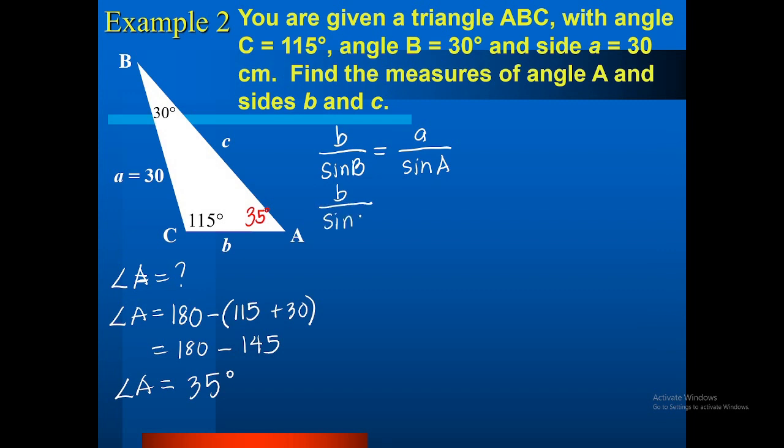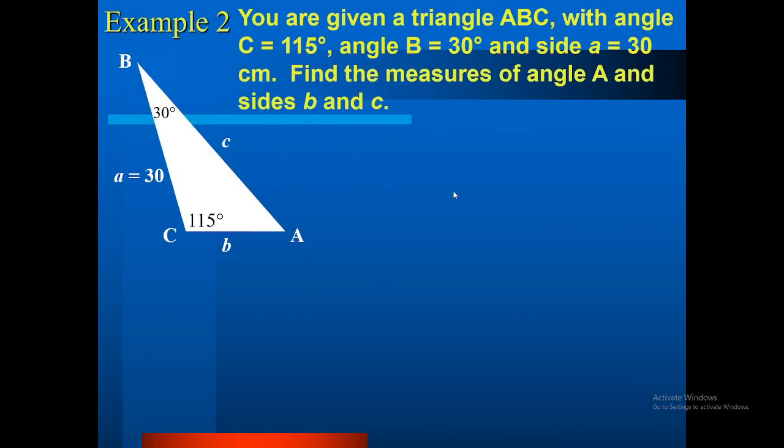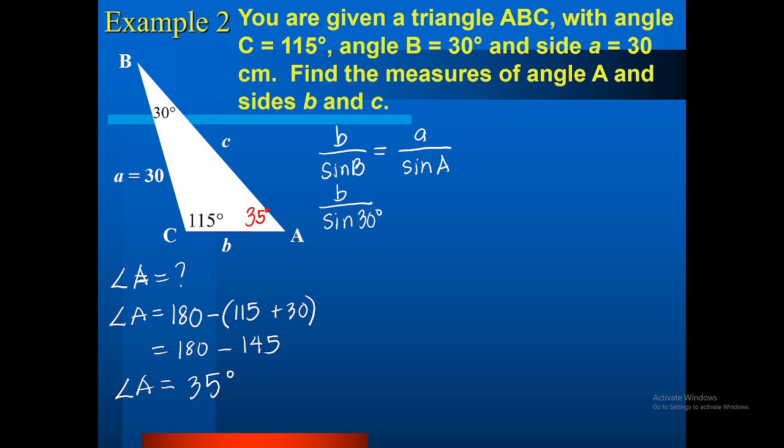So, we have here B over sine B. How much is B? That's 30 degrees, right? Okay, that's B over sine 30 is equal to A. What is the value of A?